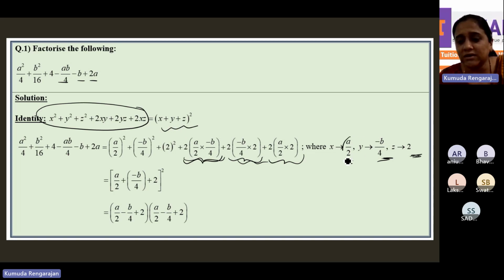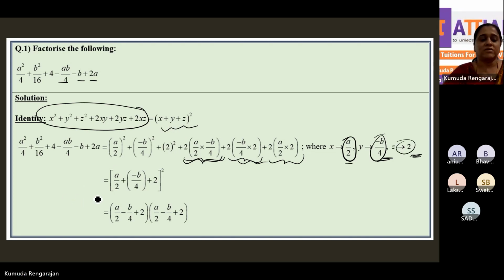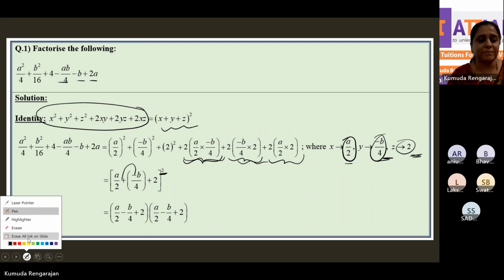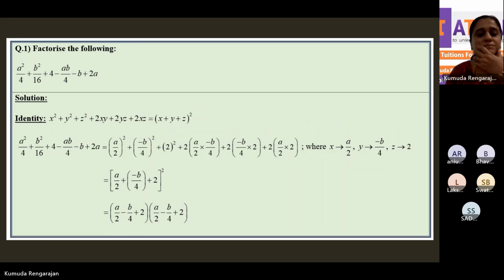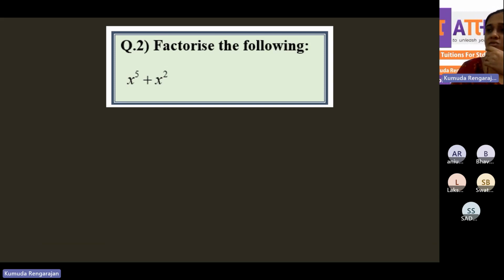So x plus y plus z is a by 2 minus b by 4 plus 2 the whole square. Then you open the bracket, plus into minus is minus, minus b by 4, and since it's whole square, write it 2 times. Finish this one. Very good. That's all.